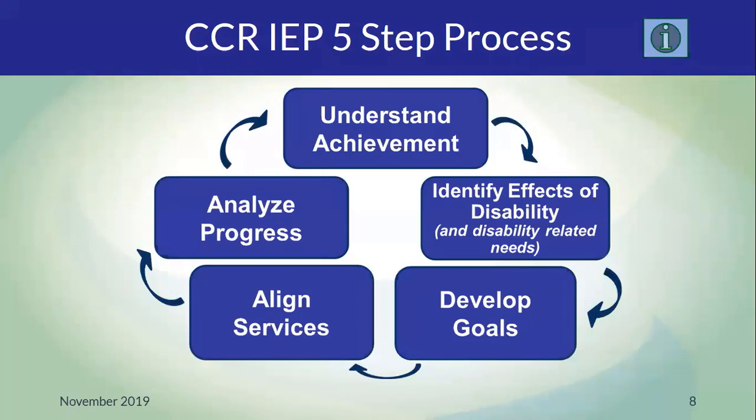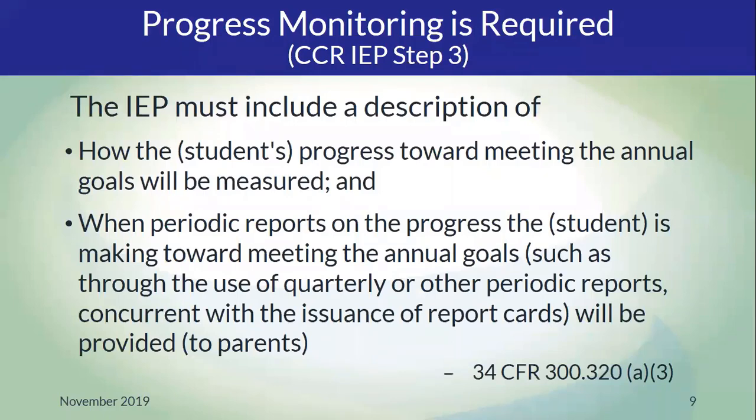So some requirements. Even though there are no specific regulations for progress monitoring procedures in IDEA, progress monitoring is required. Every IEP must include a description of how progress toward meeting the goals will be measured and when periodic reports of student progress will be provided to parents.